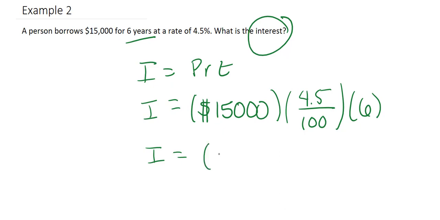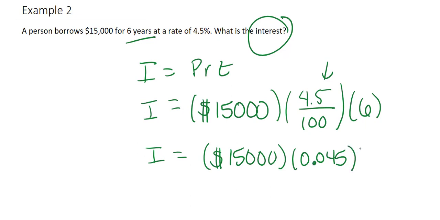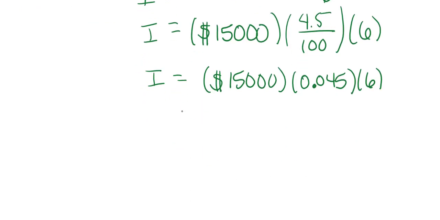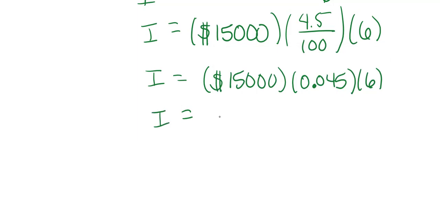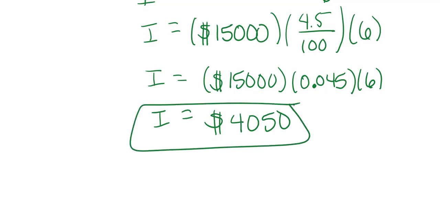And let's just go ahead and rewrite this, because I'm just going to move the decimal over to the left twice. Let's get our calculators out. We have 15,000 times 0.045, and now times 6, and we get 4,050. And that would be the interest after 6 years.